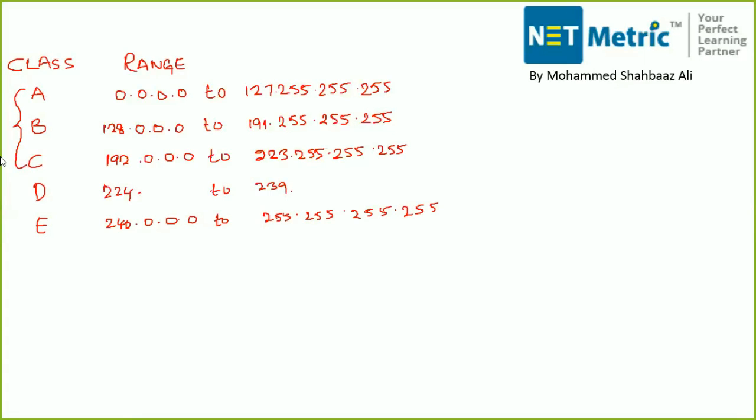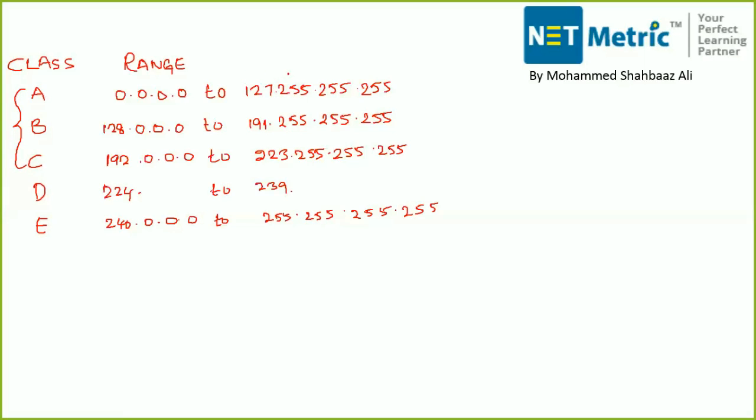In these classes, also some addresses you cannot use, like 0.0.0.0 is reserved. 127.0.0.0 is reserved for self-testing or loopback. Some other addresses are also reserved, so whatever available addresses are there, only from those can you use the IP addresses.